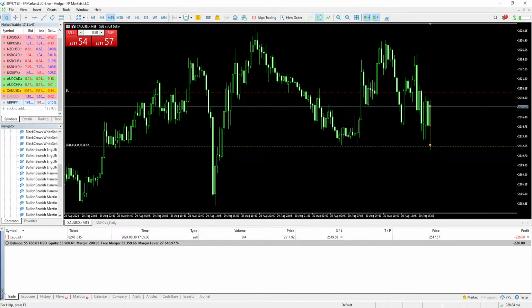But in case the market has to move up from here, then this candle will be closing above the lower trend line. Or maybe in the last 1 minute it can push the price up as well.